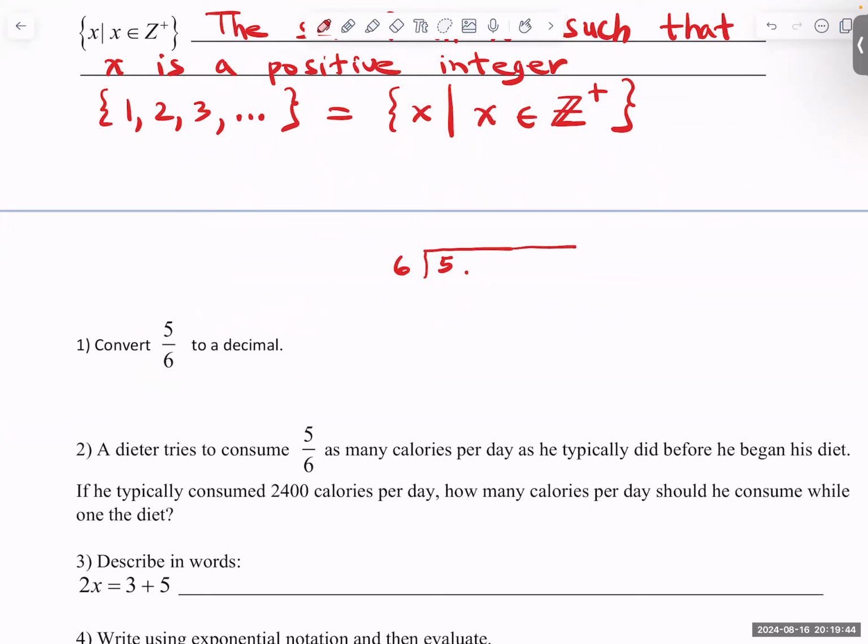We need a decimal point and at least one zero. 6 divides 50, remainder of 2. Bring down a 0. 6 divides 20, remainder of 2. We may have a repeating pattern here. And to show a repeating pattern, we have to show it 3 times. So there it is, third time.